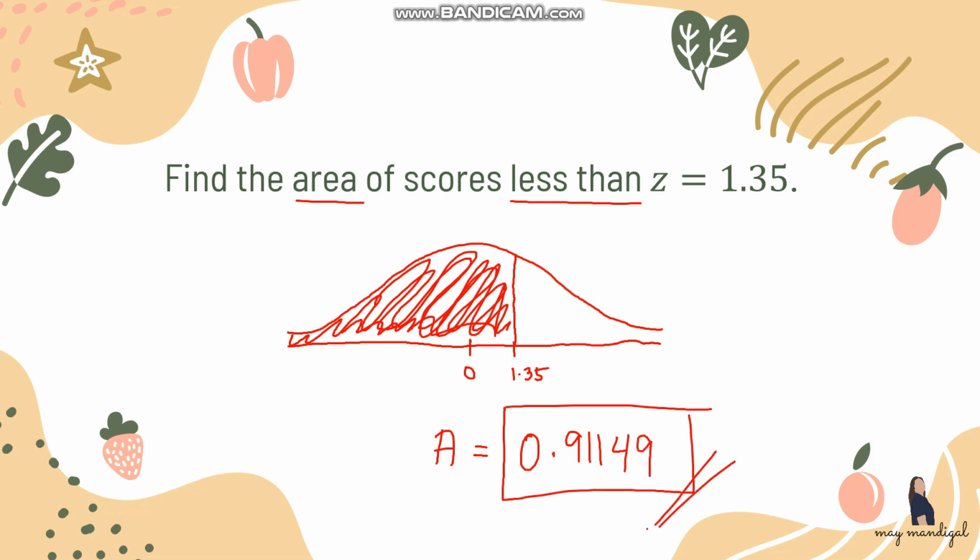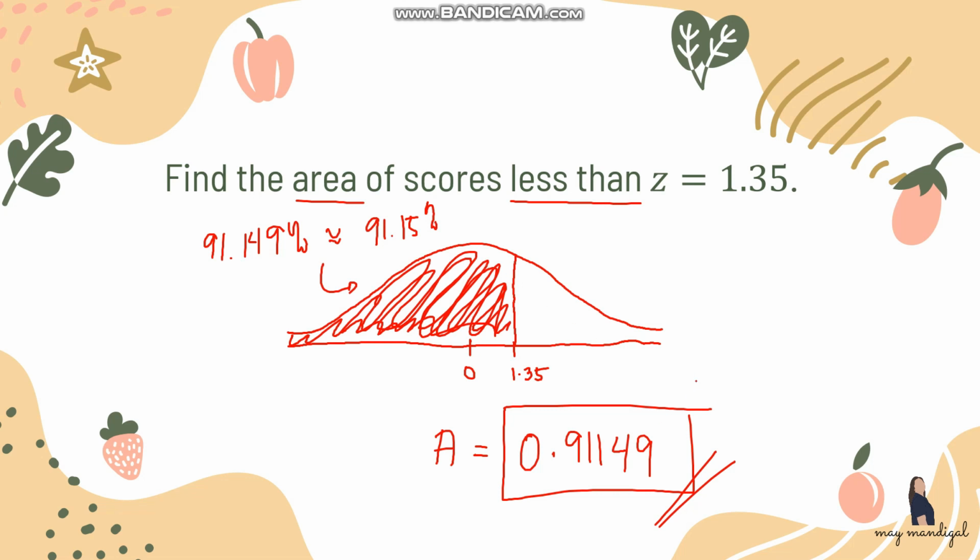Now, if you want to convert this into percentage, you can just multiply this by 100. So you have 91.149%, or this can be equal to 91.15%. So this means 91.15% of your data scores below the z-score, which is 1.35.